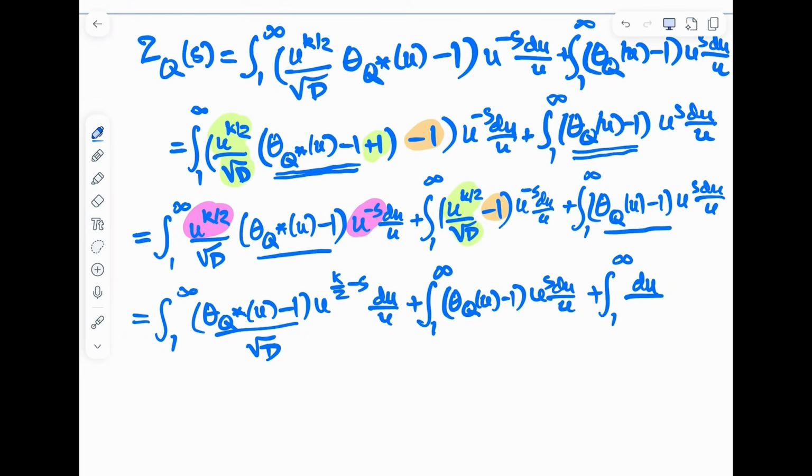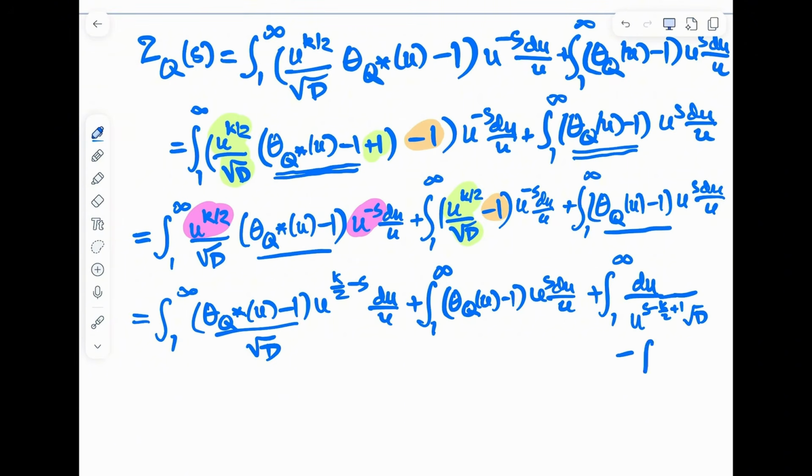The first thing, I have a u to the minus s, so I want to put the s downstairs. If I have 1 over u to the s, the first part, I'm going to want to subtract k halves, but then also add 1 because I do have the du over u. So the first term, that's the correct power of u, and I also need a square root of d.